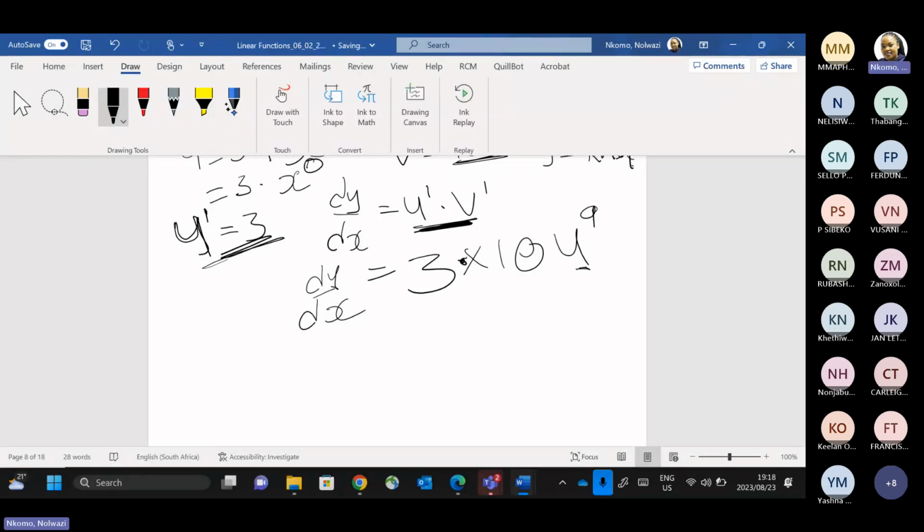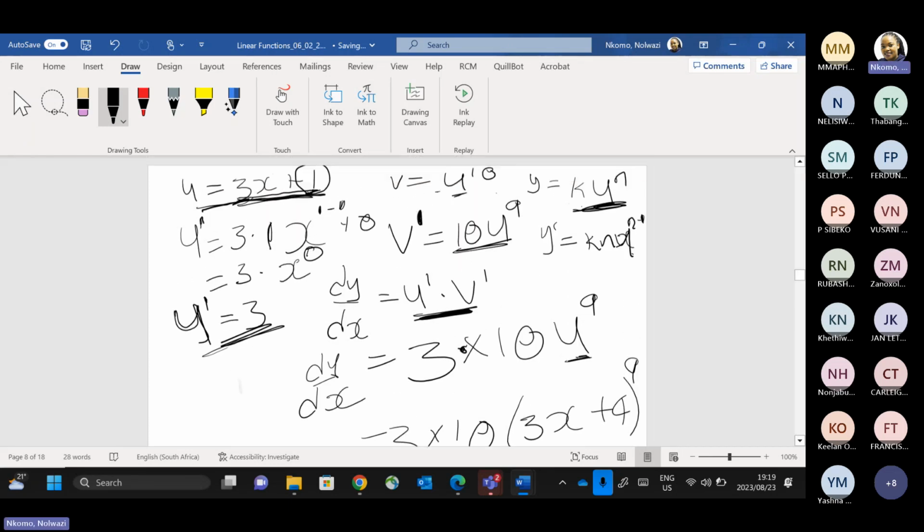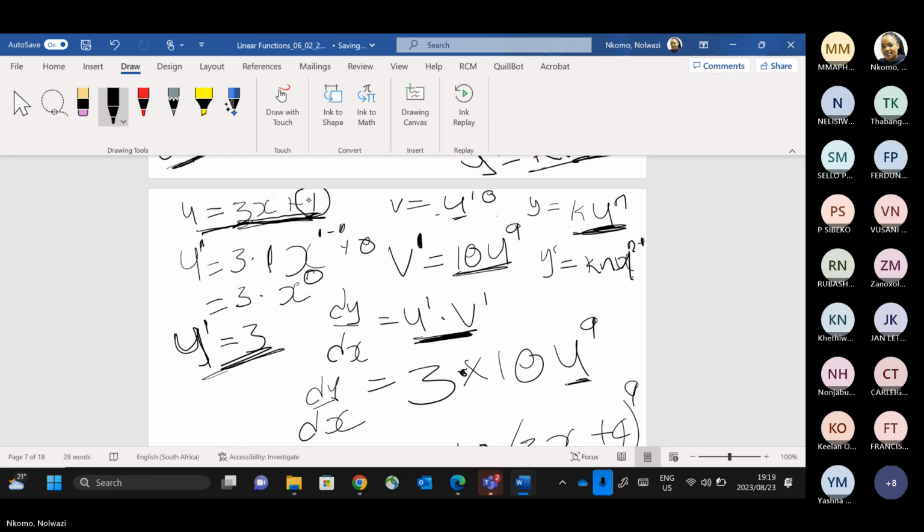So this means we can write this as 3 times 10 to the power (3x plus 4) to the power 9. We said u is equal to 3x plus 4, but it's okay because the derivative of 1 is 0 and the derivative of 4 is 0.